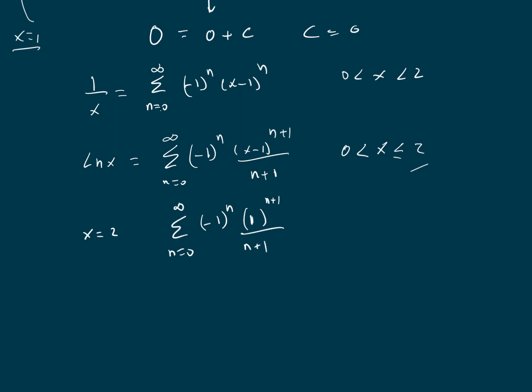What will this series be? When n equals 0, it is 1 divided by 1.